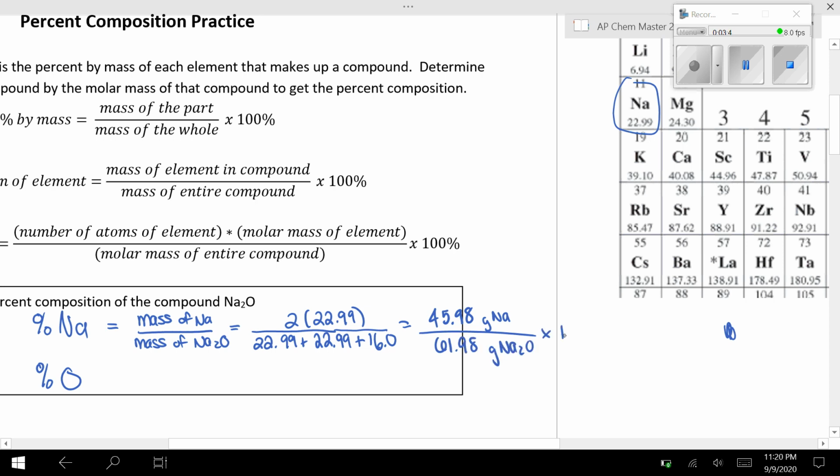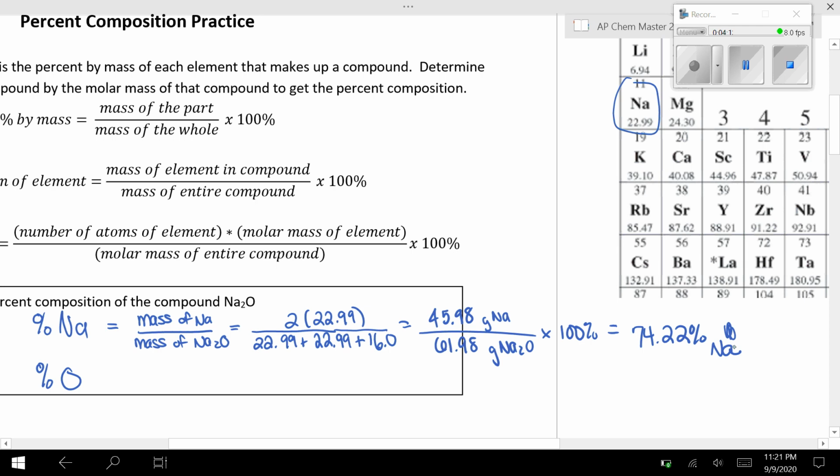And then you multiply it by 100%, and you will end up with your mass percent. 45.98 divided by 61.98, you should end up with 74.22. Based on these values, we would have 4 sig figs in our answer. Usually we're not going to worry about sig figs in this type of calculation, but we would have 4 sig figs here. So it's 74.22% sodium by mass.